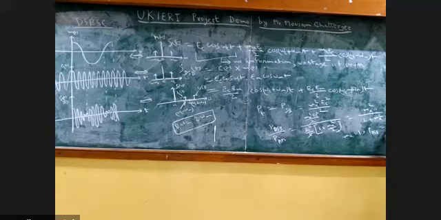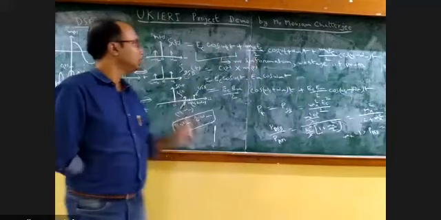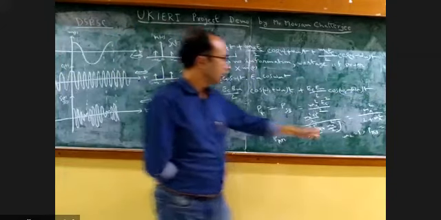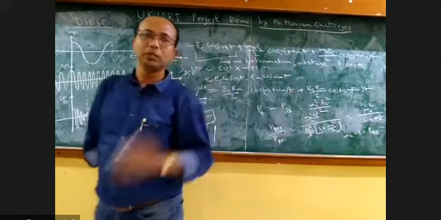Okay, that is the advantage of DSBSC compared to the AM. At critical modulation, it needs only one-third of the total amplitude modulated power.